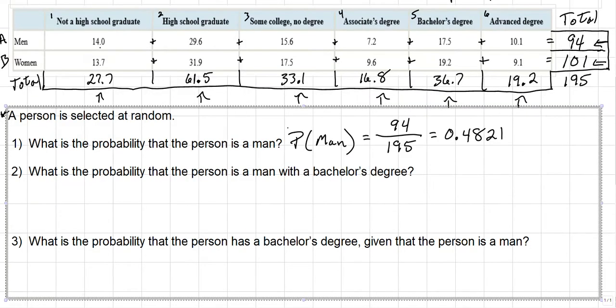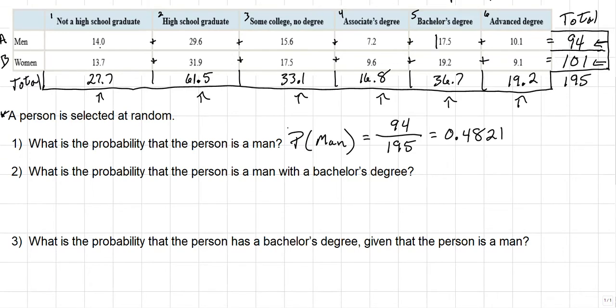This also is a straight probability because we're just looking at a man with a bachelor's degree, which is going to be this value right here, and we're going to divide it by the total number of people.